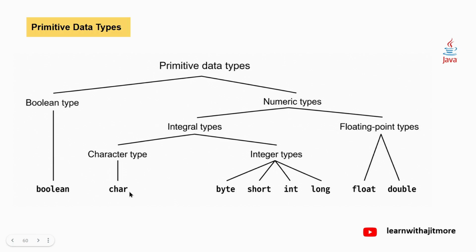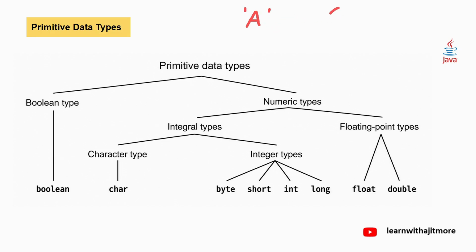Now, some may say in character we store graphical symbols A, B, Z, alpha, beta. So how come it is integral? Remember, those are only graphical symbols on the screen. But in the computer's memory, they all are stored in their equivalent code.